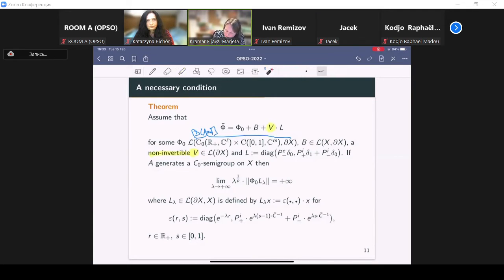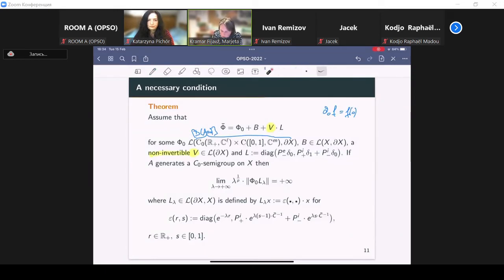So L is as before, and in our case this L is the operator that gives the zero boundary condition. These deltas are evaluations at zero, right? So delta zero applied to a function f is f of zero, a point evaluation.